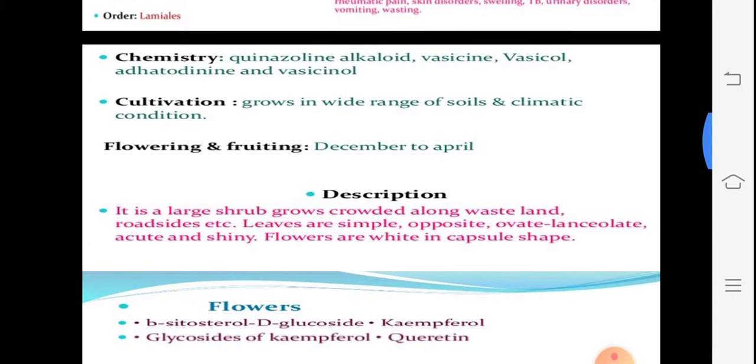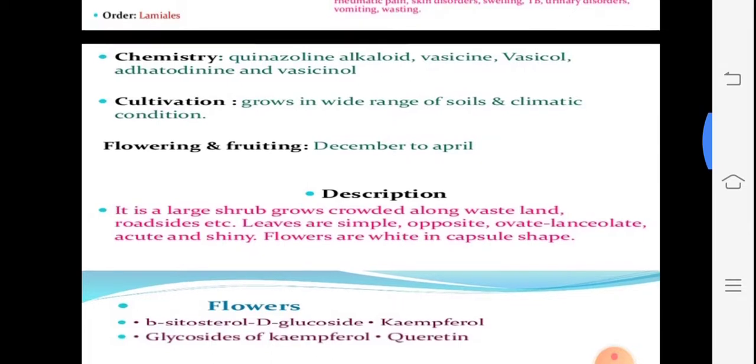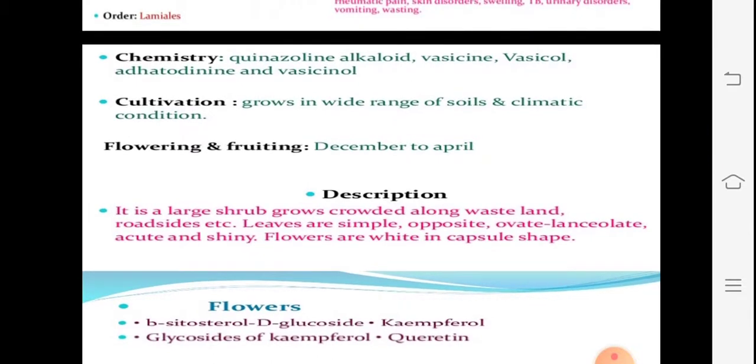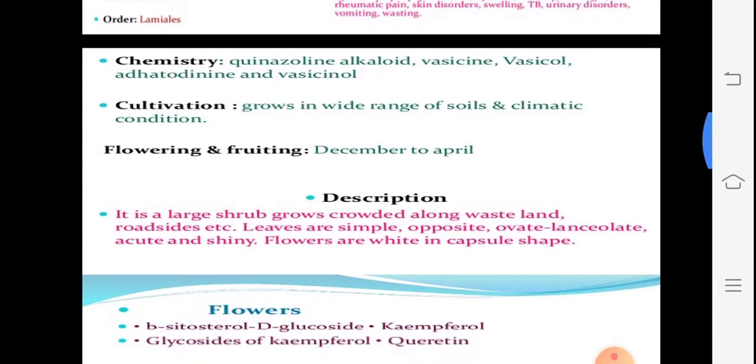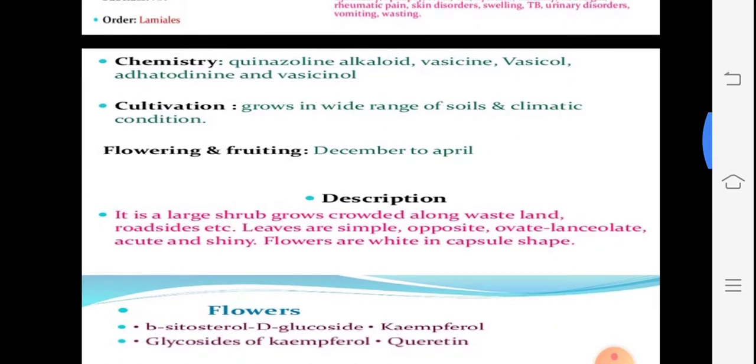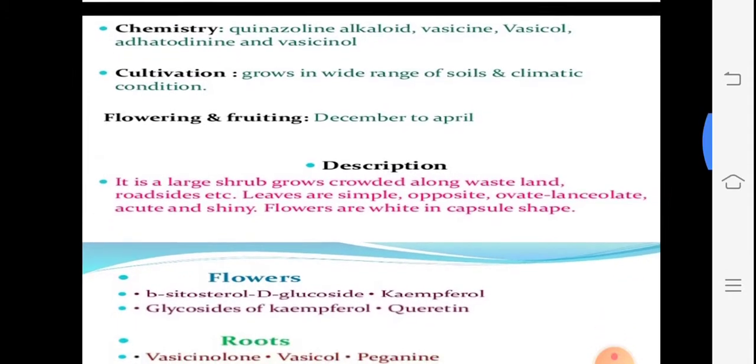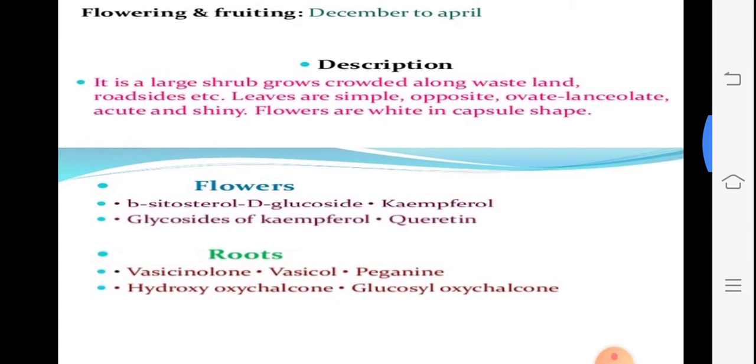Chemically it contains quinazoline alkaloids. These are vasicine, vasicol, or adhatodine, and vasicinol. So names are given as per the genus and species. Commonly it is cultivated in different ranges of soils and climatic conditions. Flowering and fruiting is from December to April. About the plant, it is shrubby along wastelands or roadsides, or deliberately cultivated.